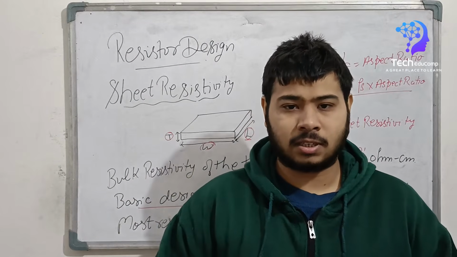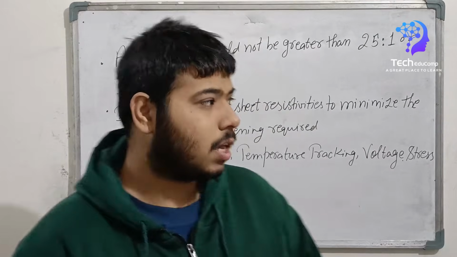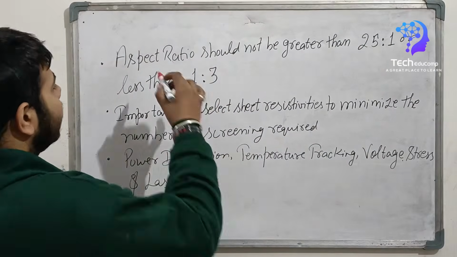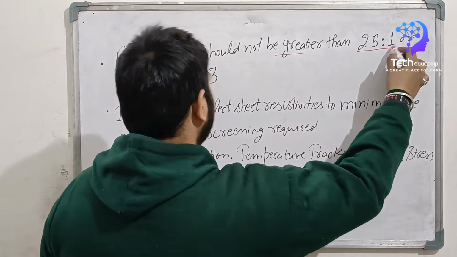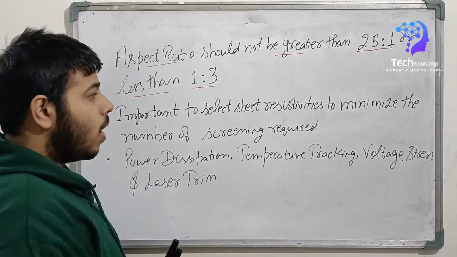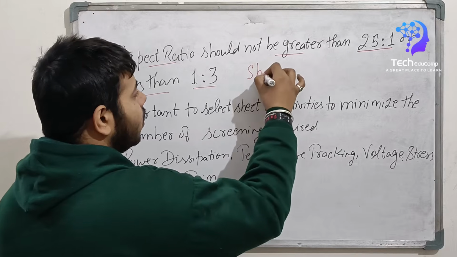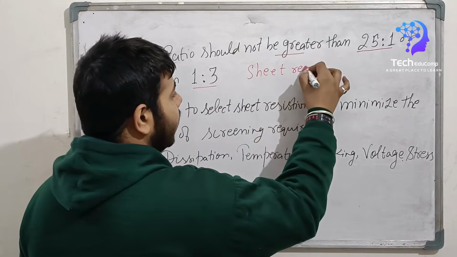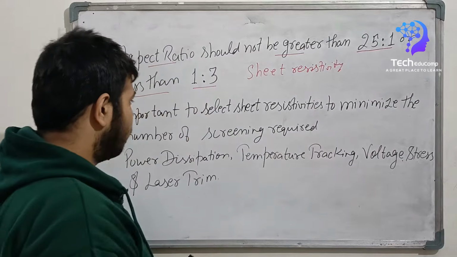Now let's move forward. For designing a resistor, we should know that the aspect ratio should not be greater than 25:1, or less than 1:3. Why? Because otherwise we have to change the sheet resistivity and start all over again.